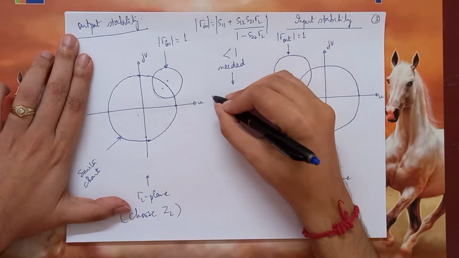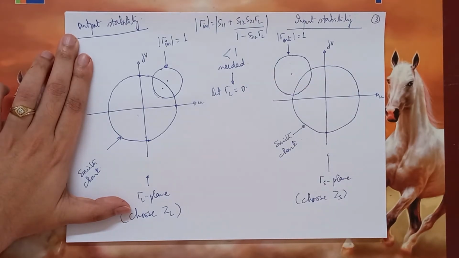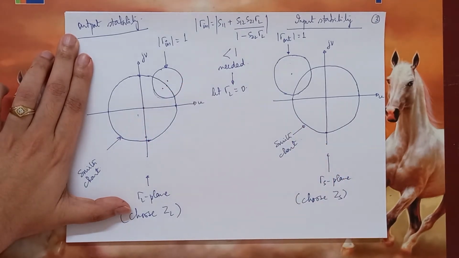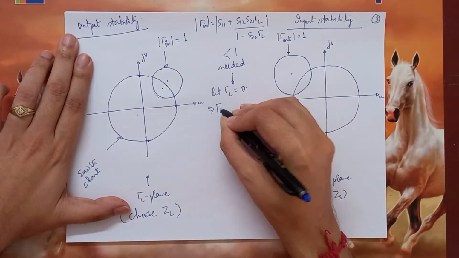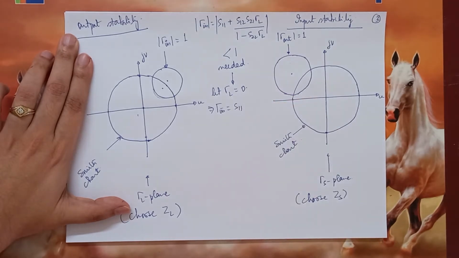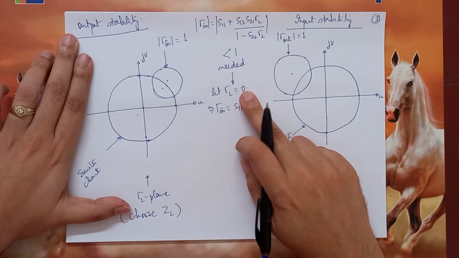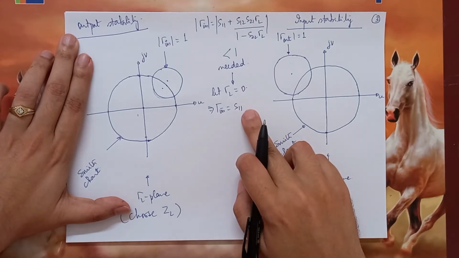So we'll say let gamma L be equal to 0. Which point is that? That point is right at the center of the Smith chart, which indicates a match load. So if gamma L is 0, that means gamma in is equal to exactly S11. By choosing gamma L equal to 0, I can immediately know what will be gamma in just by looking at S11.